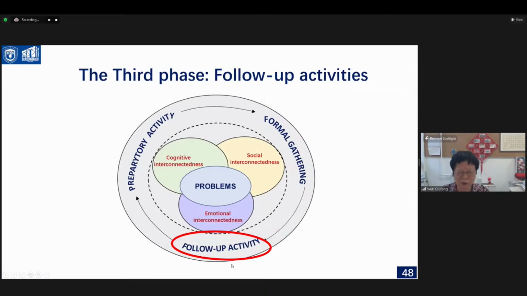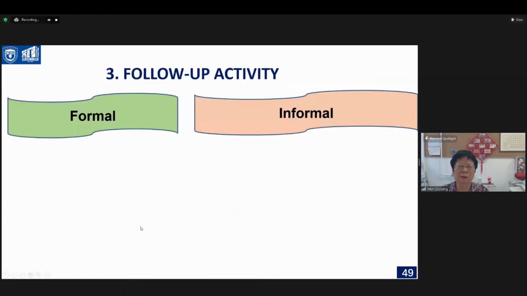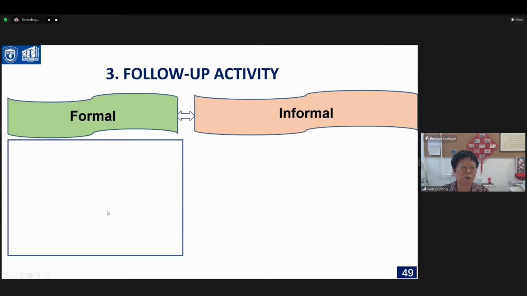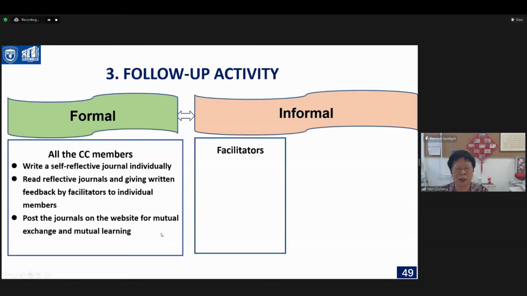Okay, now let's move to the last stage, the follow-up activity, formal and informal. For the formal one, all the CC members are required to write a self-reflective journal individually. The facilitators will read each reflective journal and give written feedback to each member. And we post the journals on the website for mutual exchange and mutual learning.